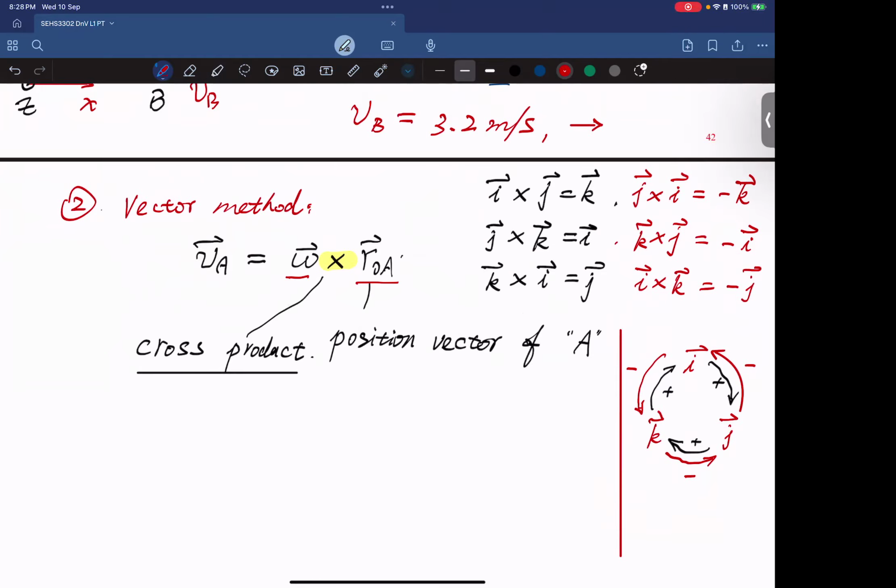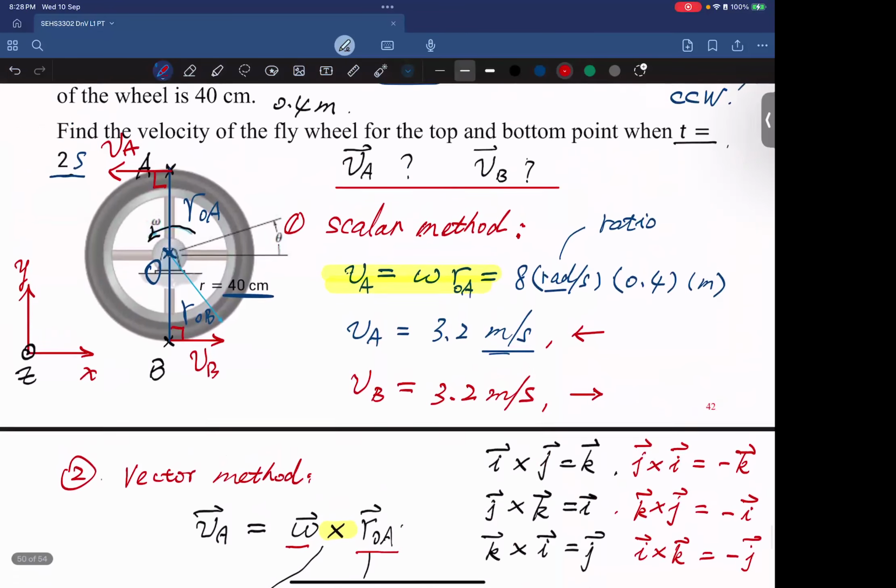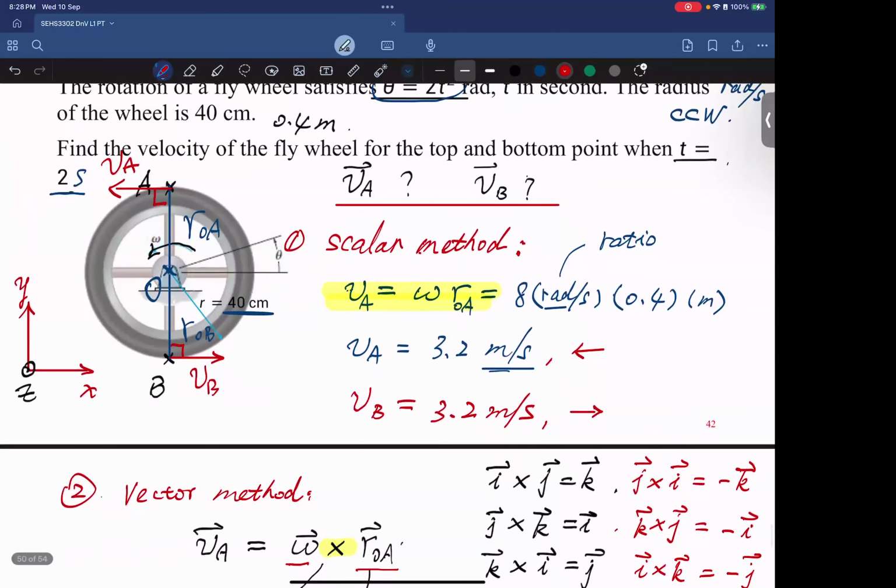Here, v_A is omega. Omega is 8 radians per second, which is the magnitude. But what about the direction? The direction is pointing out, right?